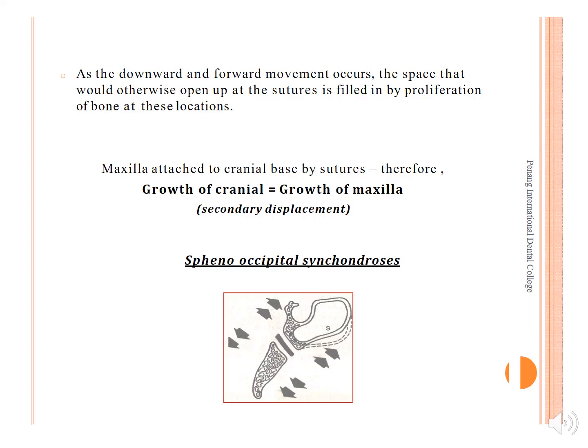As the downward and forward movement occurs, the space that will otherwise open up at the sutures is filled in by the proliferation of bone at this location. The maxilla is attached to the cranial base by suture, therefore the growth of the cranium is at the same rate as the growth of the maxilla. This is what we call secondary displacement.